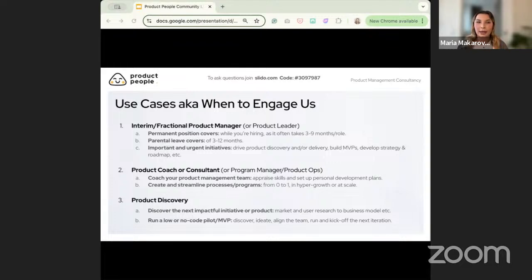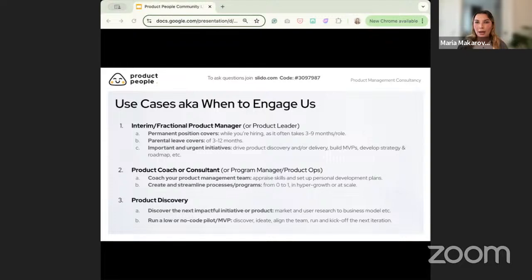They span from 3 months to a year, but they're very useful for important and urgent initiatives. Also, we can coach your team and consult on multiple topics and let you really elevate skills and set up personal development goals. Finally, we also do product discovery for next initiatives in your company, such as marketing, user research, and also run low or no code pilot MVPs.